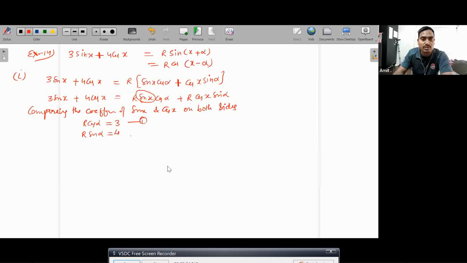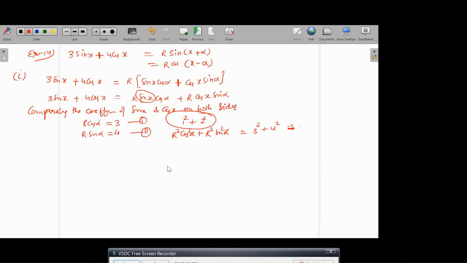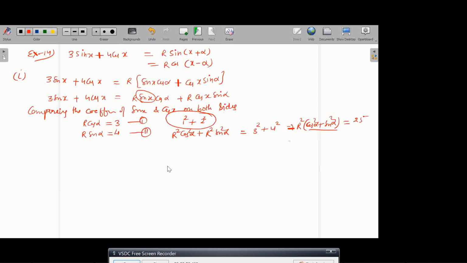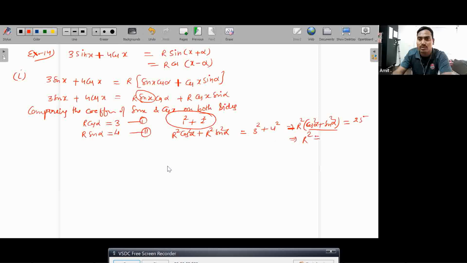Now this is equation number 1, this is equation number 2. What you have to do is square and add these two equations. You'll get R square cos square alpha plus R square sin square alpha is equal to 3 square plus 4 square. Now cos square alpha plus sin square alpha is 1, so R square is equal to 25.